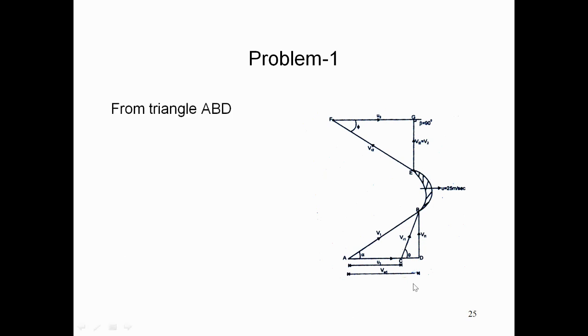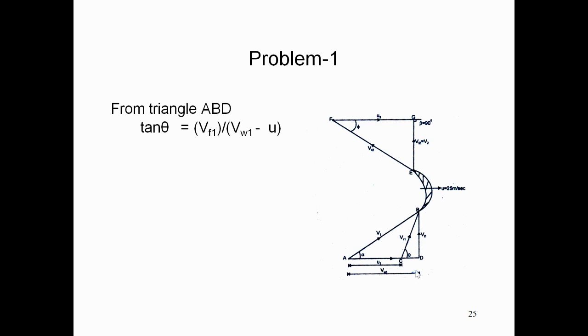Next, from triangle ABD, again we can see that tan theta is equal to VF1 by (VW1 minus U).